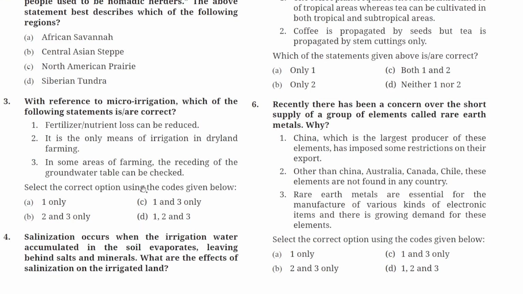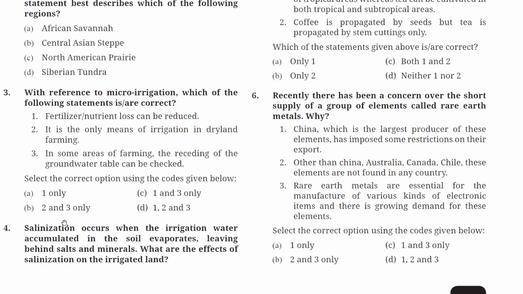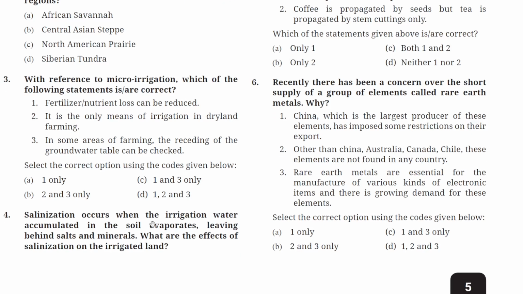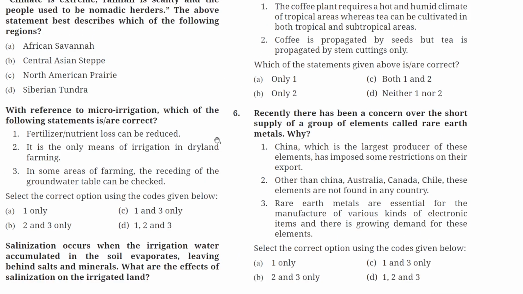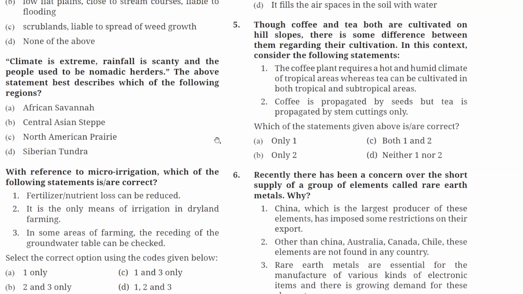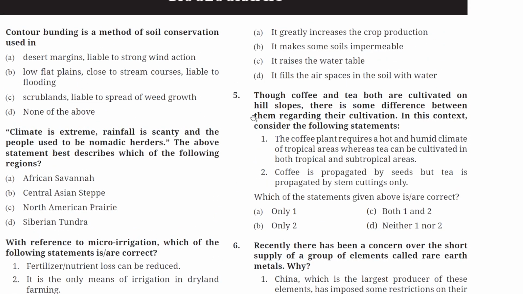Now moving forward, question number 4. Salinization occurs when the irrigation water accumulated in the soil evaporates, leaving behind salts and minerals. What are the effects of salinization on the irrigated land? So, if the land is salinated, what does it do? Let's see one by one. It greatly increases the... no, it decreases.